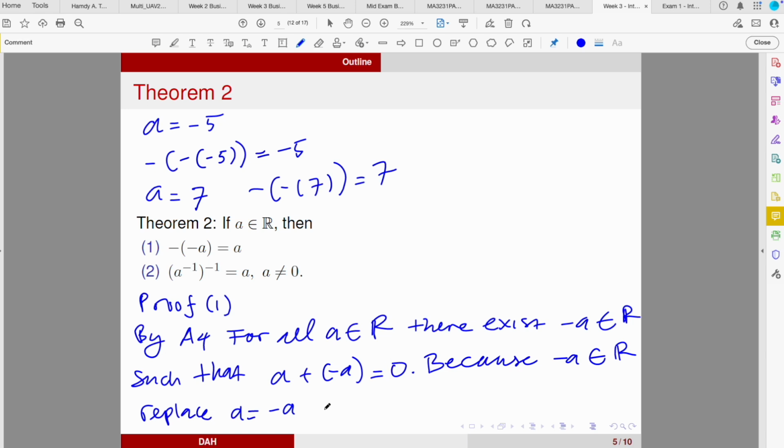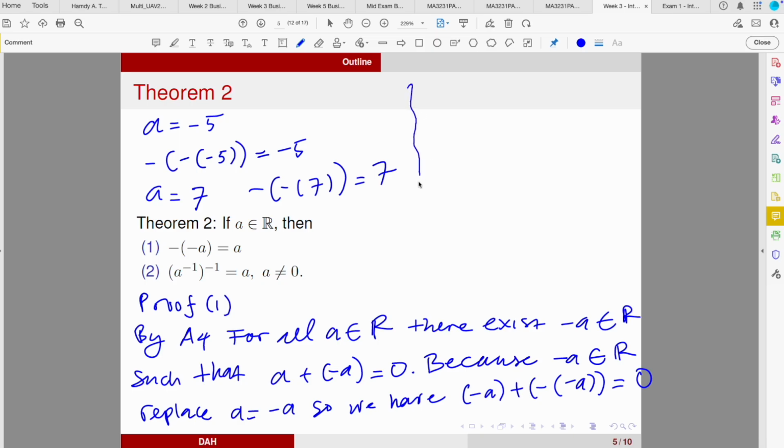So we have: replace this, A becomes minus A, plus minus of A becomes minus A. It does not change the result, only changes the expression. Same result. If you apply this, but you cannot apply this yet, it's still A plus minus A, still 0, but with a changed expression.